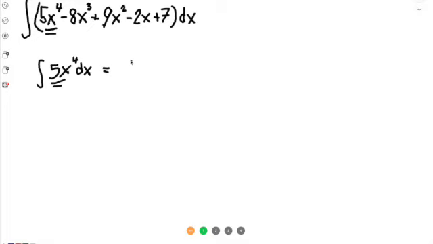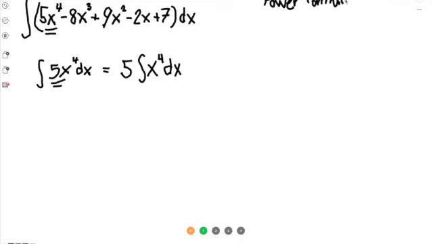So you have 5 outside of the integral sign, and you have x to the 4th power dx. So the function inside the integral sign pretty much looks like yung ating power formula.